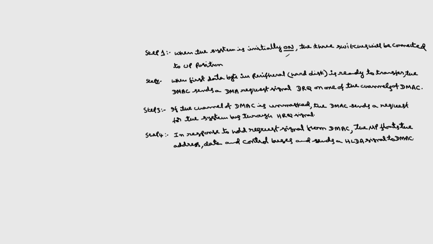So once the DMA controller receives hold acknowledge from microprocessor, the DMA controller sends a control signal to the switches. So then the switches will be thrown to the lower down position.